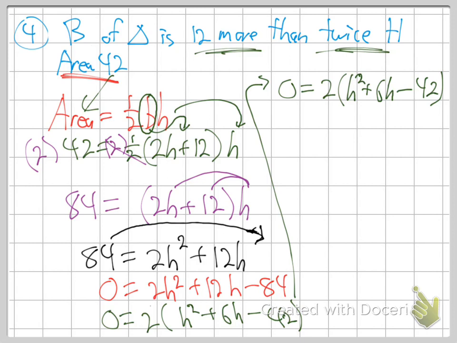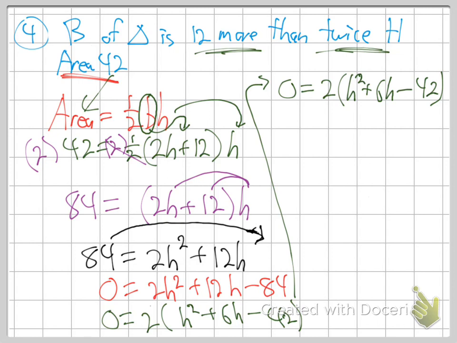Take 42 and try dividing by different numbers. 2, 3, 4, 5, 6, till you get a couple numbers that'll work. You know what I mean? If you're looking to factor something and it's, oh, I don't think any of them work, do they? No, we're going to have to go to the quad. I thought it would factor. I'm realizing now this is a terrible problem. We've got to quad it.